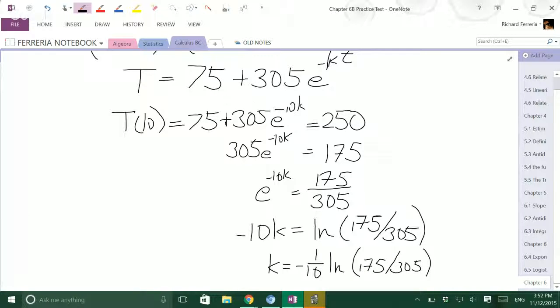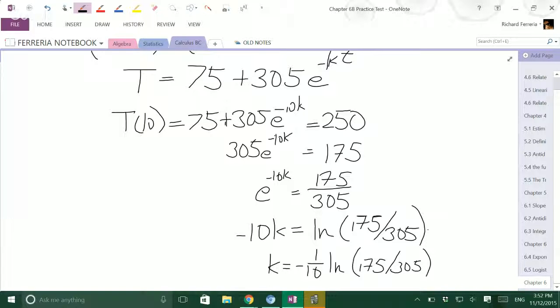Notice I'm not reducing. You will never get any points from me for reducing. Don't even bother unless you really have to. Okay? I'd hate for you to reduce it wrong here and then get the whole problem wrong. That would be horrible.